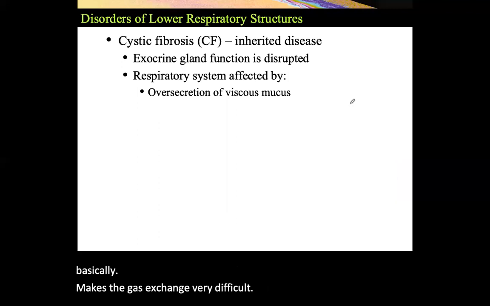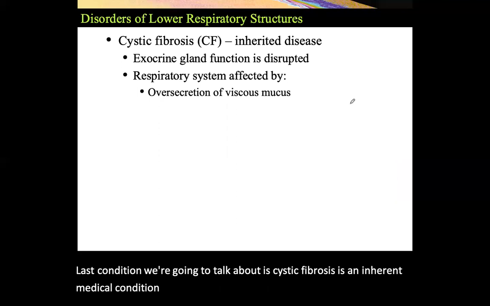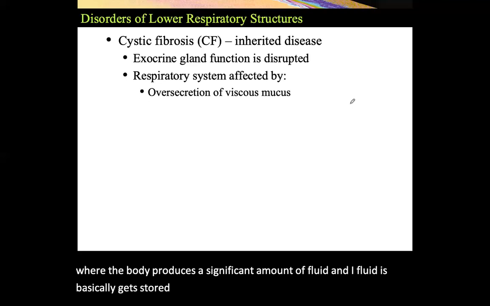The last condition we are going to talk about is cystic fibrosis. Cystic fibrosis is an inherited medical condition. This is a condition where the body produces a significant amount of fluid, and that fluid gets stored inside the lungs.